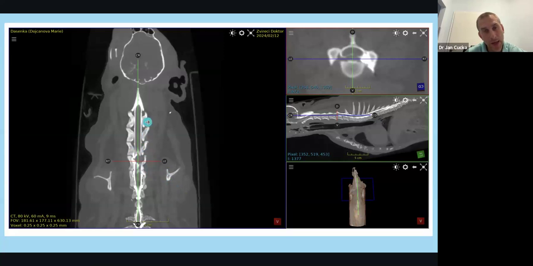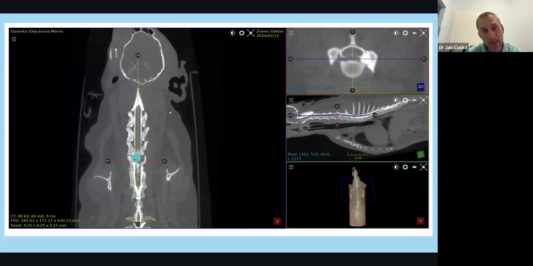What we are looking for on the myelography is usually the line surrounding the spine, and the line should be very clear and following the spine.